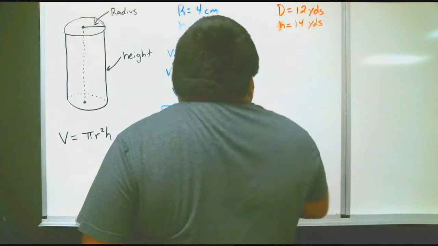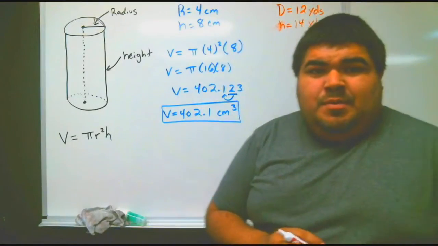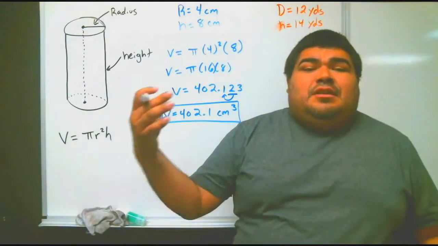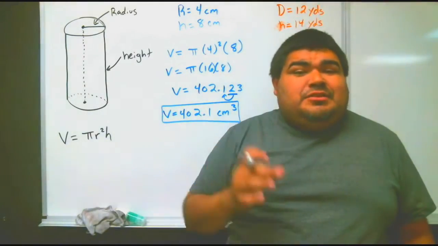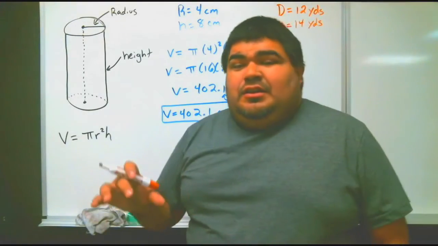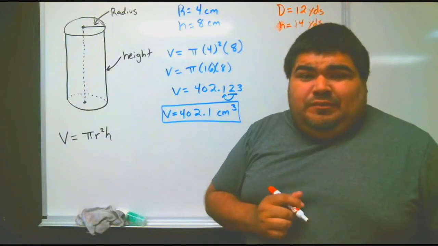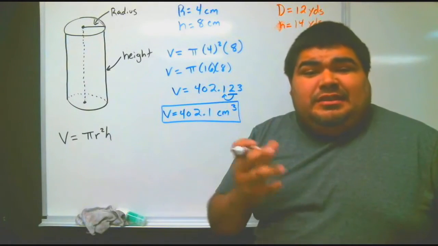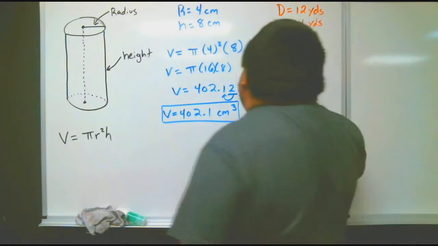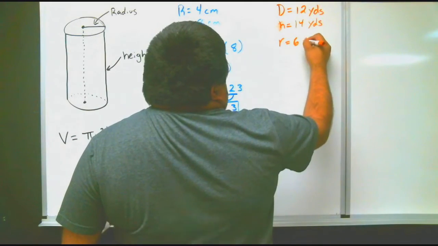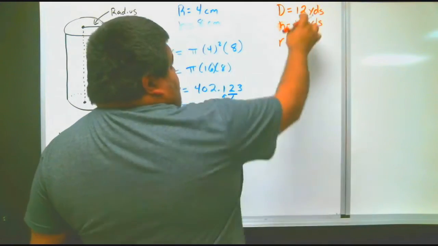Remember, the diameter is twice as much as the radius. So if we cut that 12 in half, to make it into a radius instead of a diameter, the radius is 6. So radius equals 6 yards, because we cut the diameter in half.